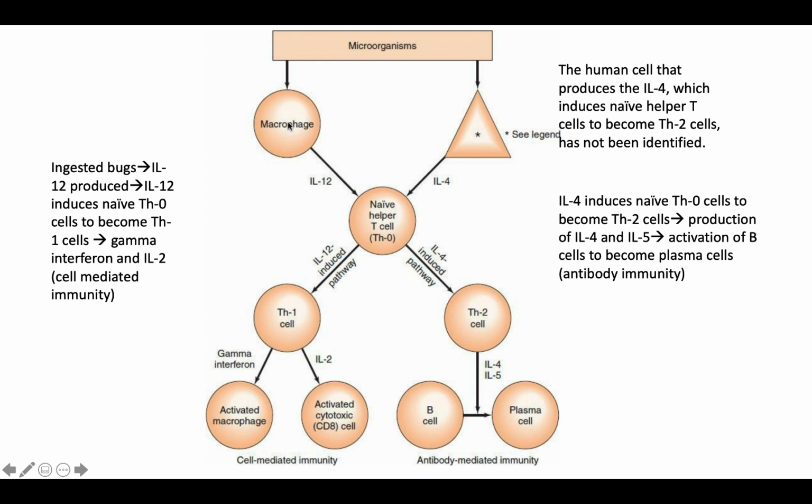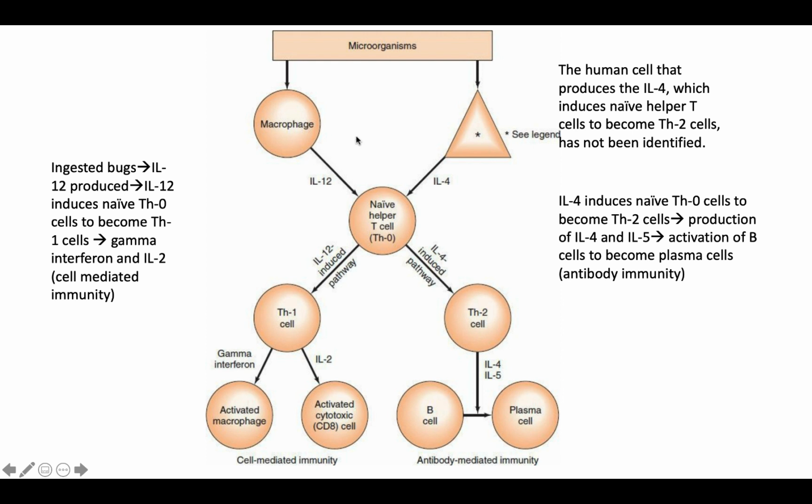So that's why you will always produce the required cellular pathway, TH1 pathway, for when you recognize this cellular protein.